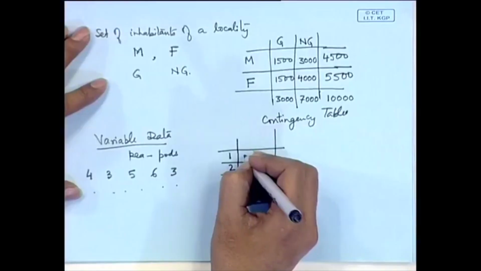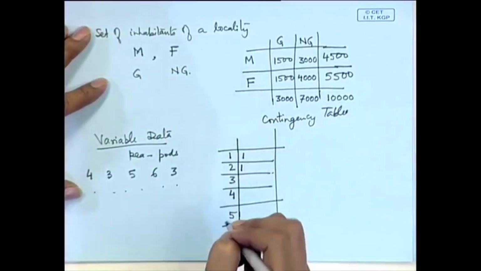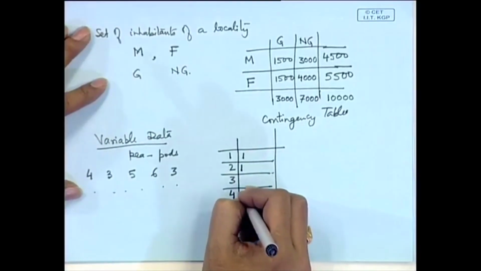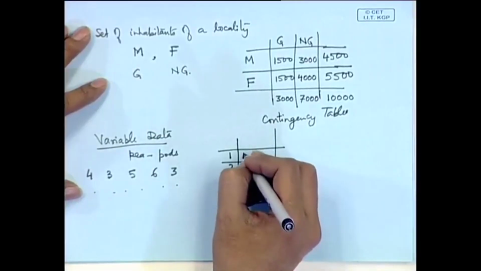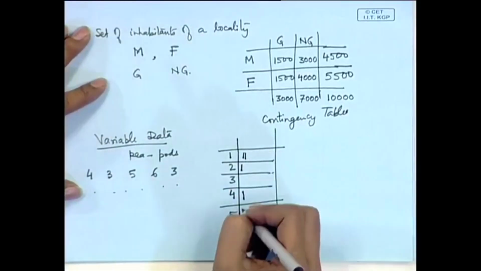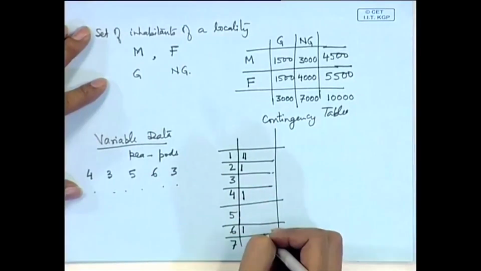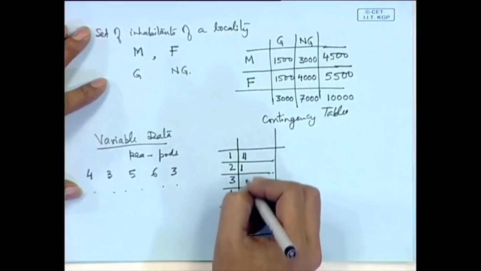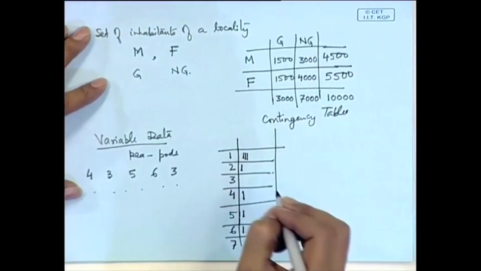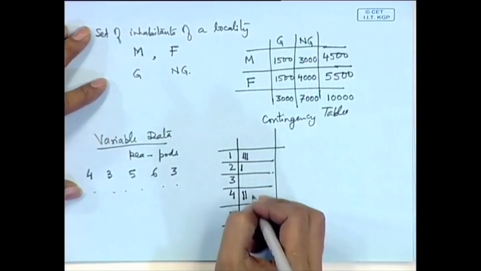So, if 1 occurs once, we make a tally mark. If 2 occurs once, we make a tally mark. Suppose 4 occurs, we make a tally mark. Suppose next 1 is again observed, we make a tally mark. Then suppose next 6 is observed, we make a tally mark. Suppose then next 5 is observed, we make a tally mark. Suppose again 1 is observed, we make a tally mark. Next, suppose 4 is observed, we make a tally mark.